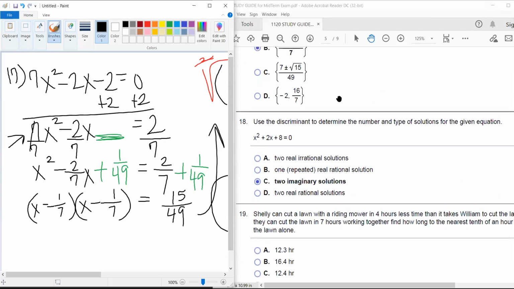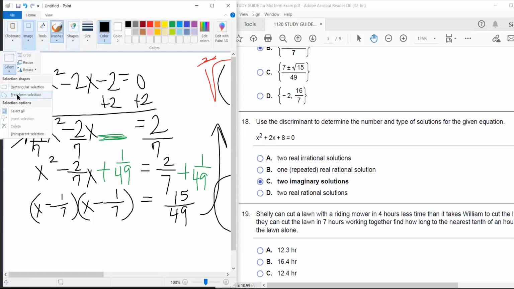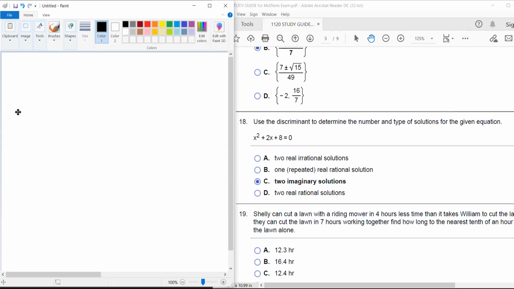Use the discriminant to determine the number and type of solutions for the given equation. The discriminant is the part of your quadratic formula that's under the radical sign, namely the b squared minus 4ac part.